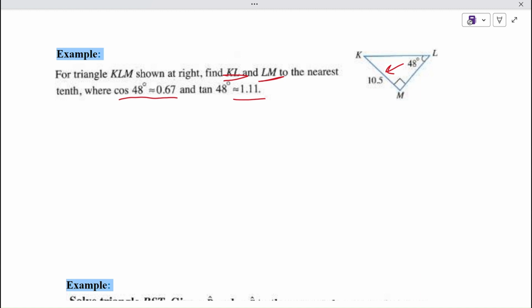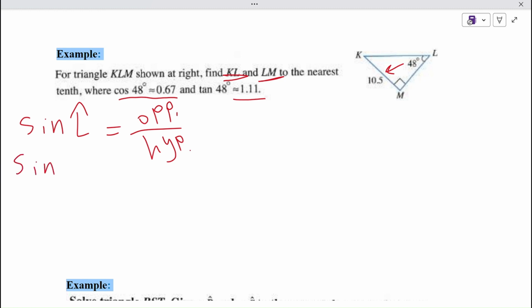Sine of L is equal to opposite over hypotenuse. So sine of 48 is equal to opposite, which is 10.5, over KL, where, guys, the hypotenuse is KL.